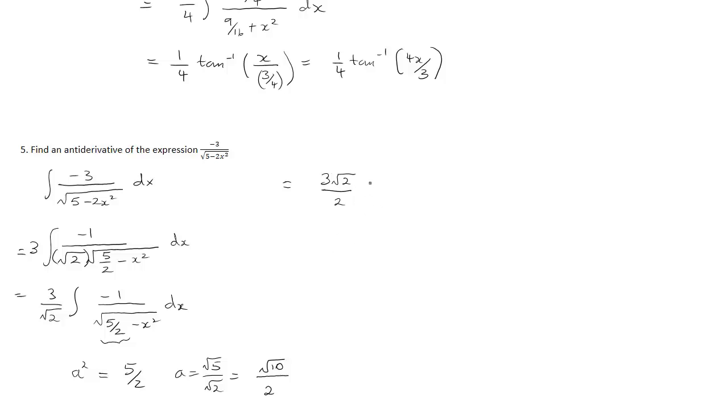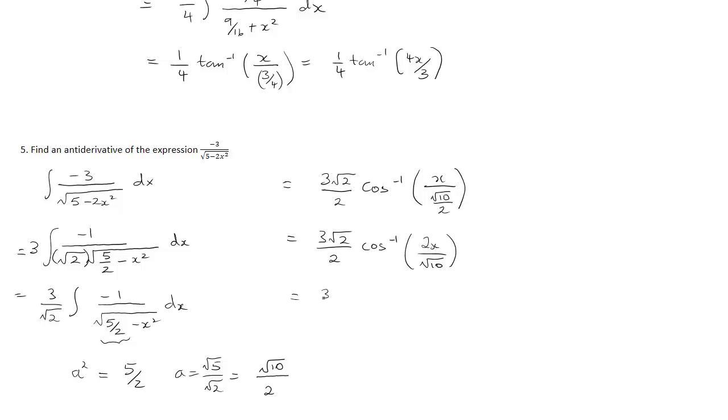So we now go cos inverse of x divided by a, being square root of 10 over 2, plus c, which we're going to make 0. We flip that number around, so 2x over square root of 10.